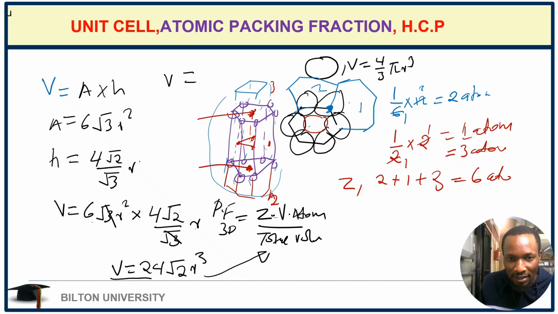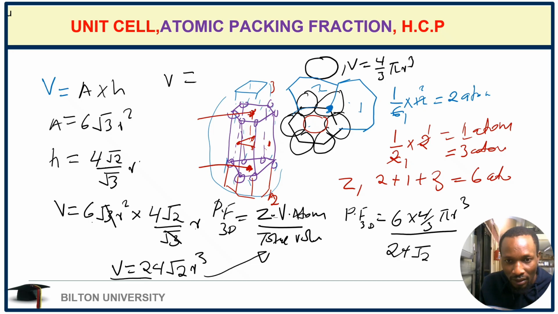So from there we can calculate our packing fraction in 3D, which is going to be Z, and our Z is 6, times the volume of the atom, which is 4 over 3 pi r cube, divided by the total volume of the unit cell, which is 24 root 2 r cube.